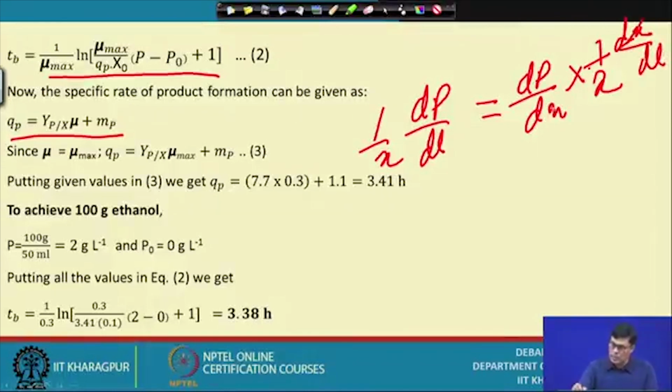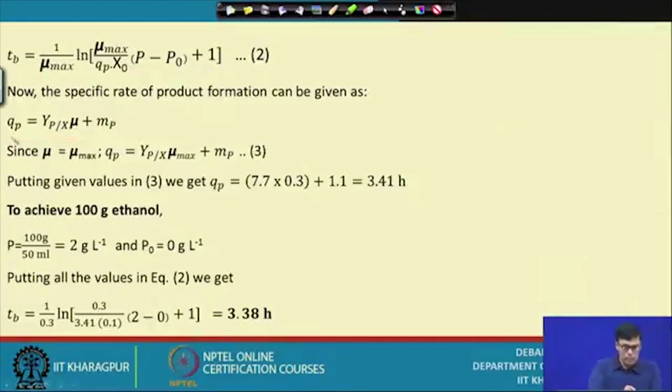So this will cancel, so we can write the specific rate of product formation, and this is the maintenance that is required during this product formation. So the specific rate of product formation is like this, and then putting these values we will get the QP equal to 3.41 hours.